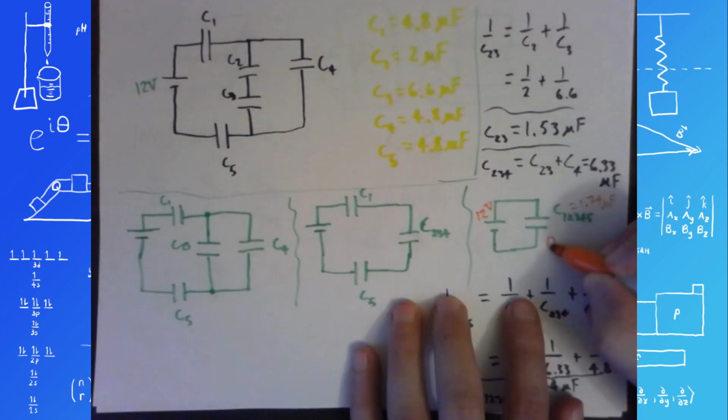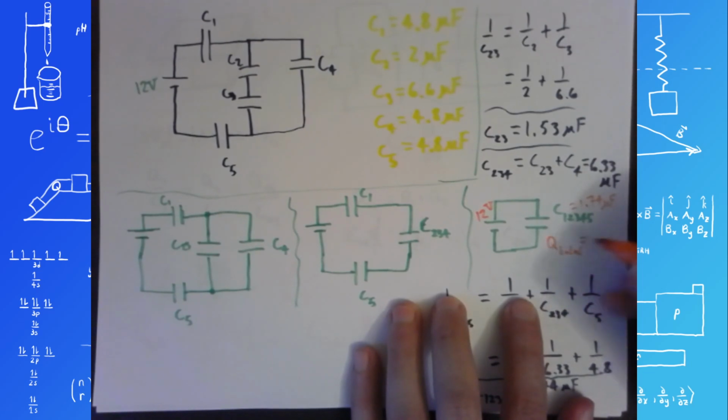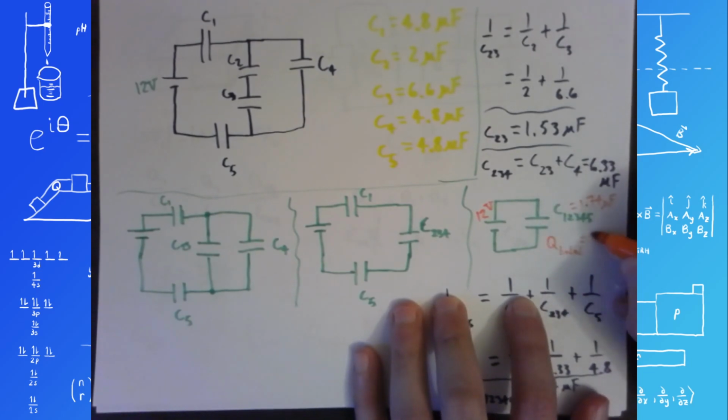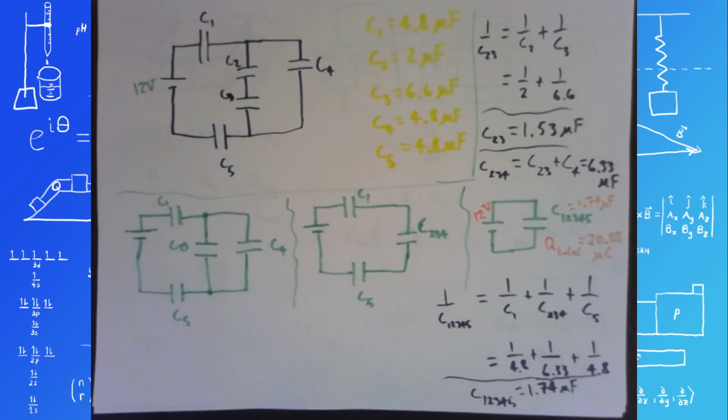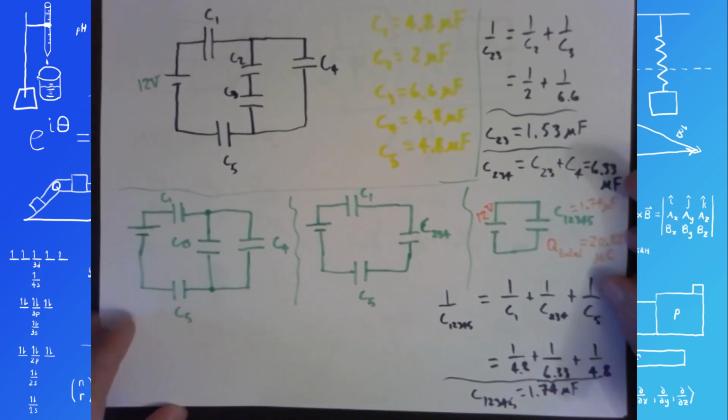So Q total has to be 20.88 microcoulombs. I know it's microcoulombs because I multiplied microfarads with volts.